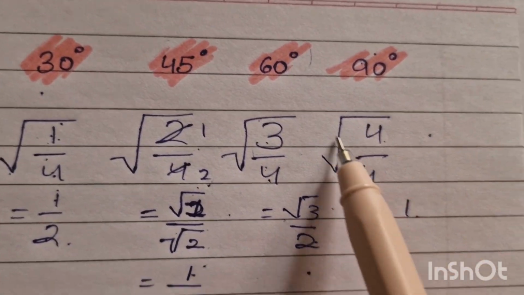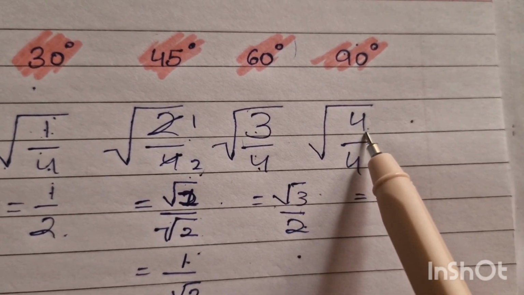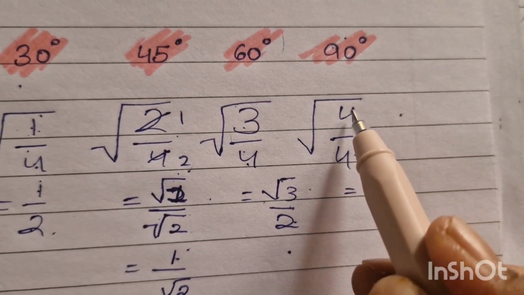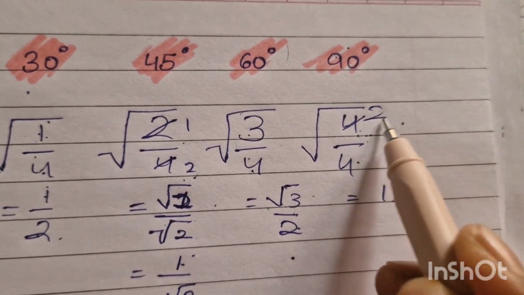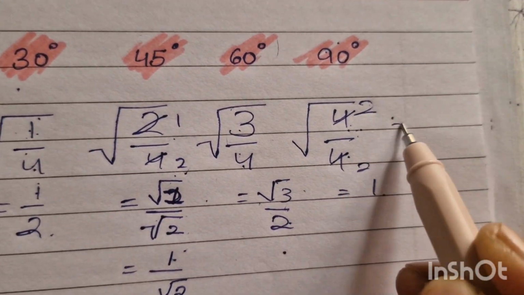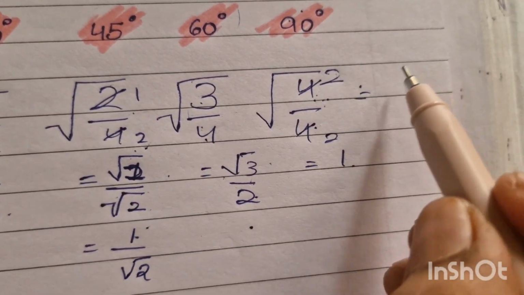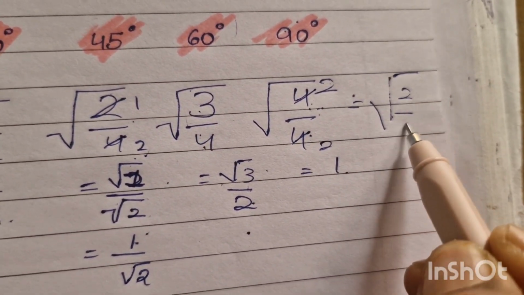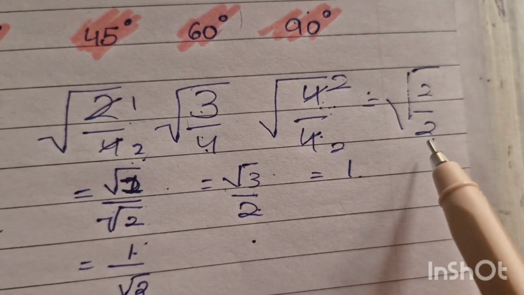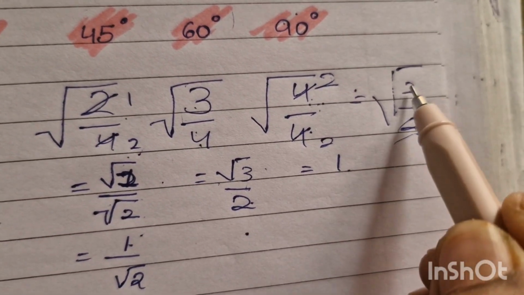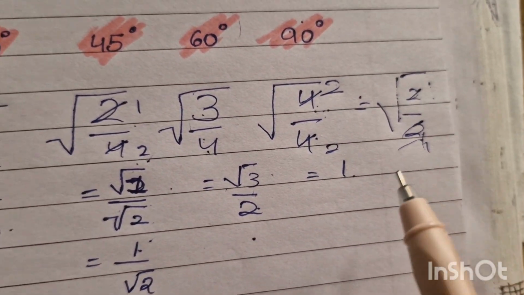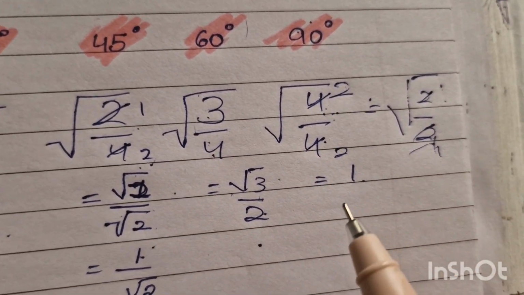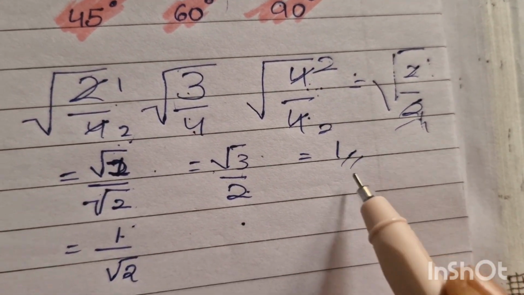Here we have taken root 4 by 4, and this can be written as root 2 by 2, so nothing but root 1 by 1. The value of root 1 is 1.